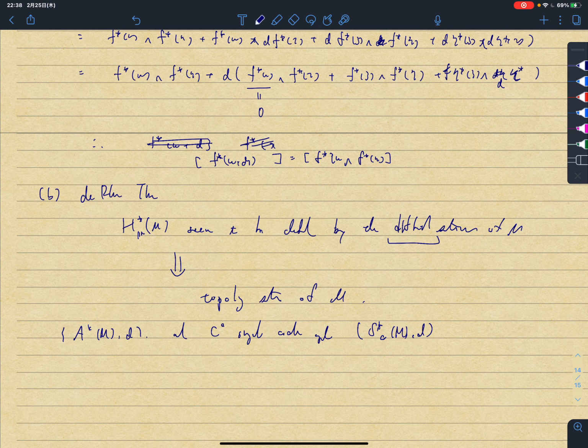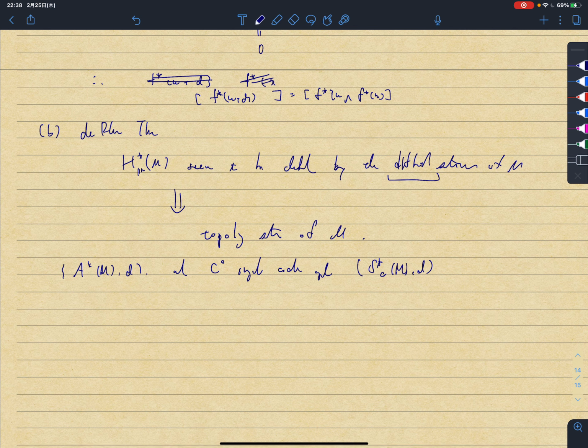We define a map I from A k M to the C infinity singular k simplex complex.